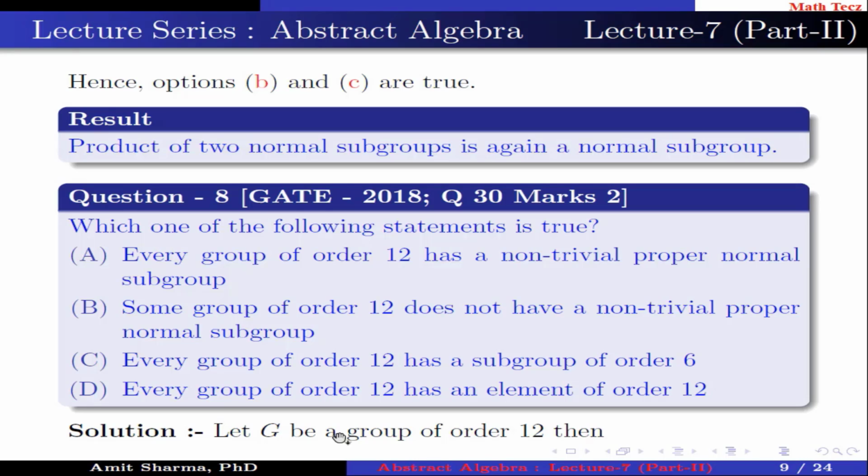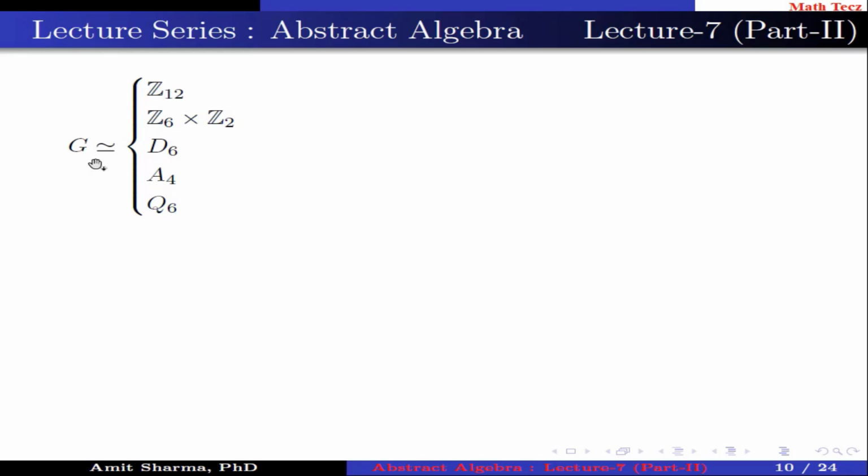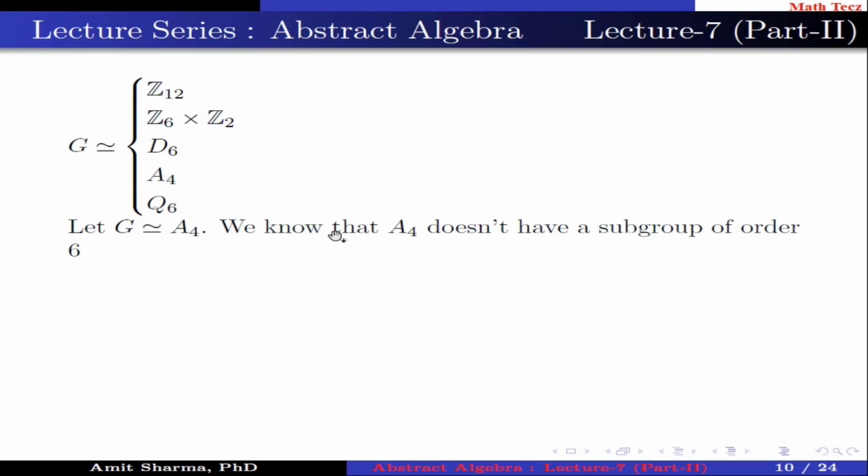Let G be a group of order 12, then G is isomorphic to Z12, Z6 cross Z2, D6, A4 or Q6. Let G be isomorphic to A4. We know that A4 doesn't have a subgroup of order 6, implies G doesn't have a subgroup of order 6.